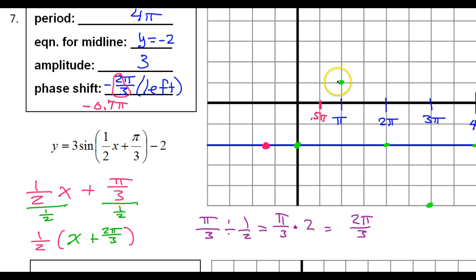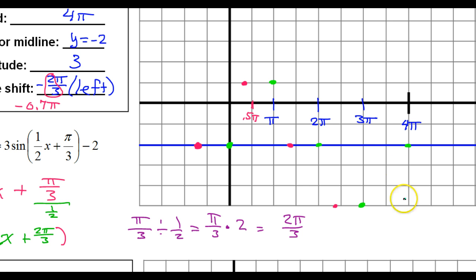So I'm just going to take each one of these and move them negative 0.7, bigger than 1 square. So that would be like here. This one would land here. This point would land here. And this point would land here.